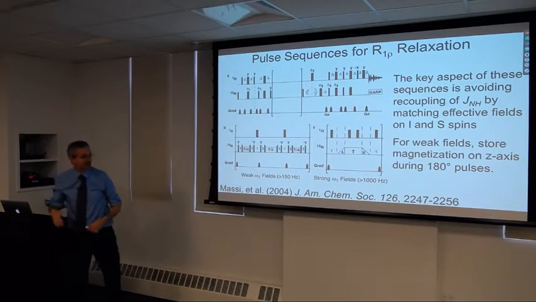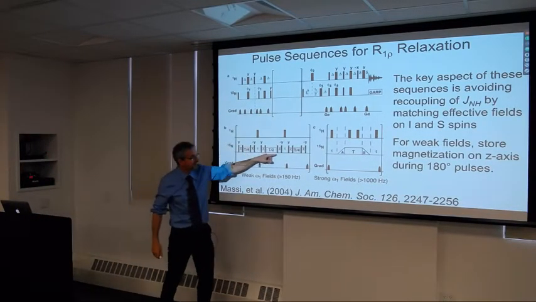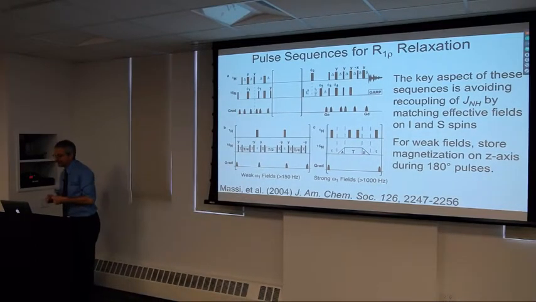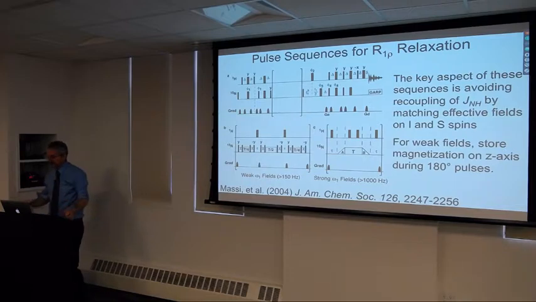It comes at a little bit of a cost because you have to move the magnetization around all the time. But if the RF field is weak, that's kind of the standard way of doing it now.